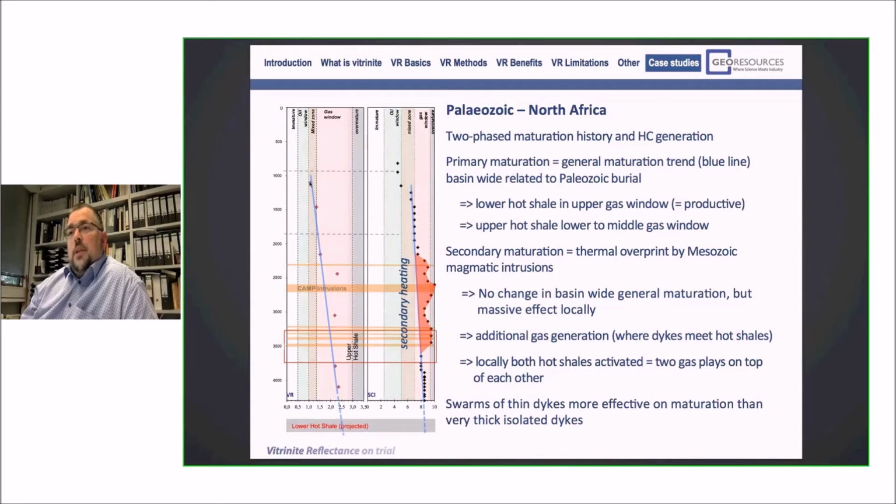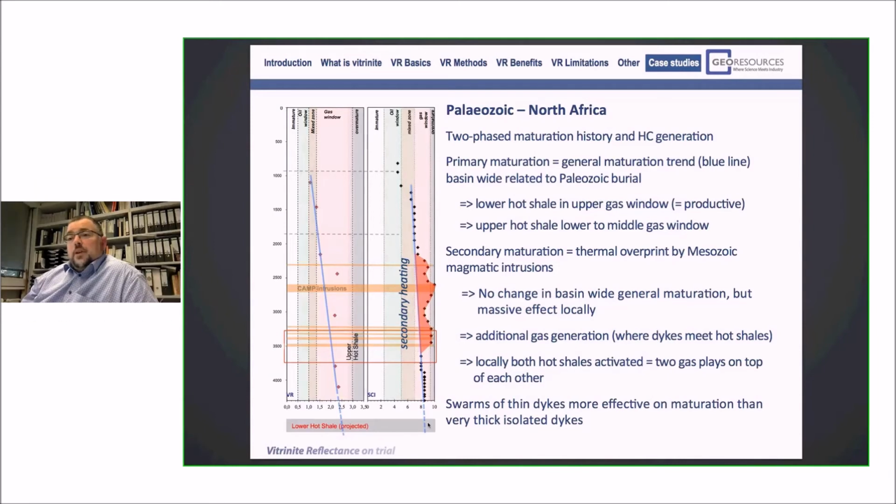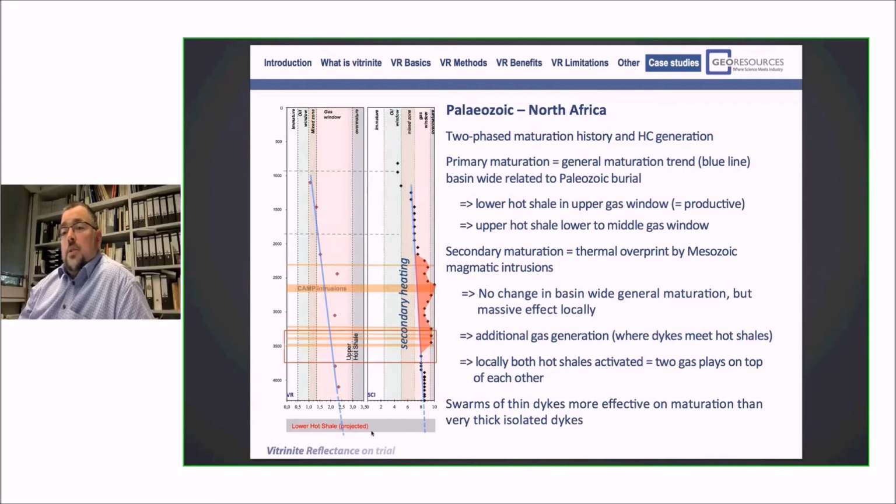So this is something that you see in all wells in this area. This is only one well from a big set of wells that we worked on. And so from this Paleozoic burial maturation, the lower hot shale down here, the lower source area, gets into the upper gas window, and this produces the gas that we find in the area.